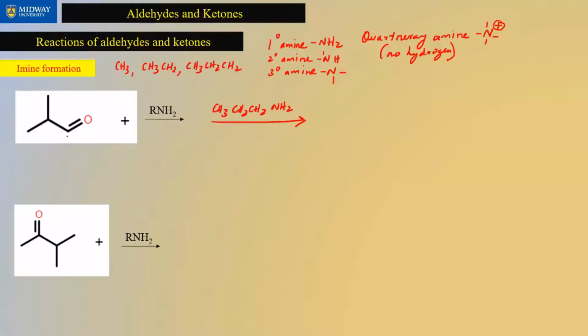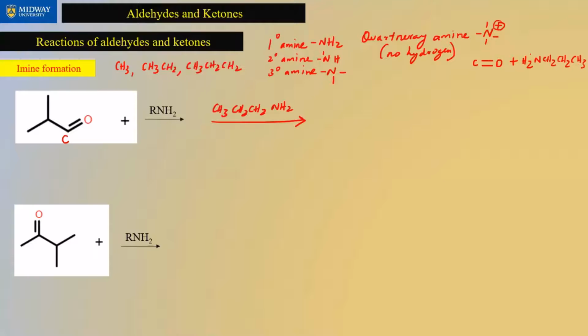Again, we're focusing only on the carbon containing the double bond O. The rest of it does not matter. What really happens here is you have your double bond O, the carbon, and then you have your NH2. We're just flipping the order of the amine, writing it in this order.